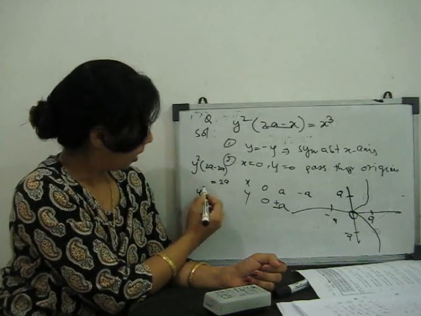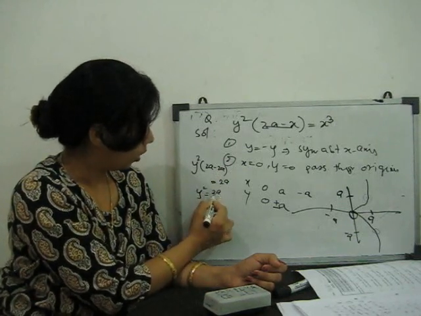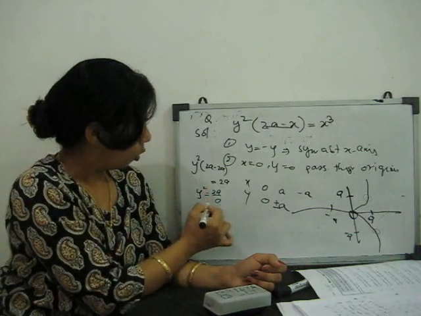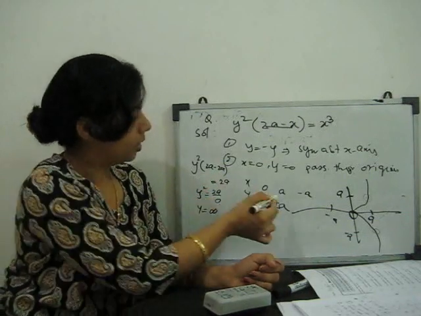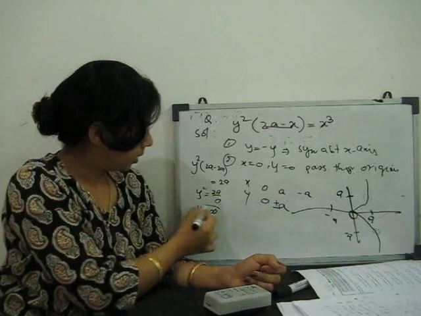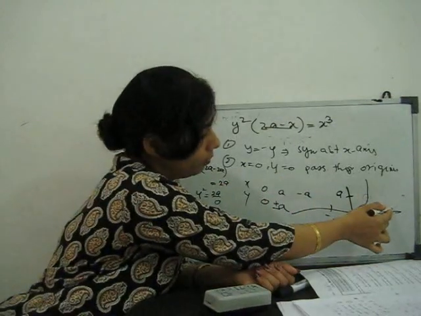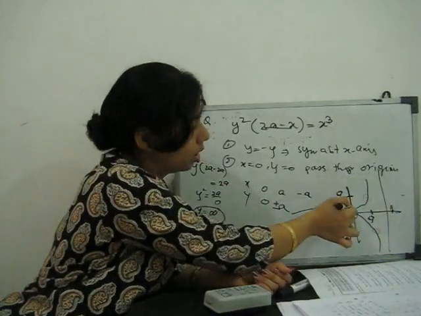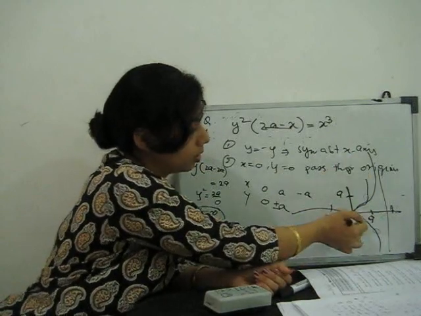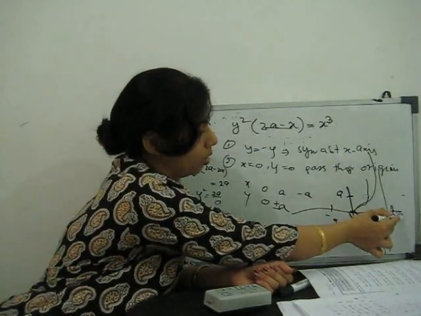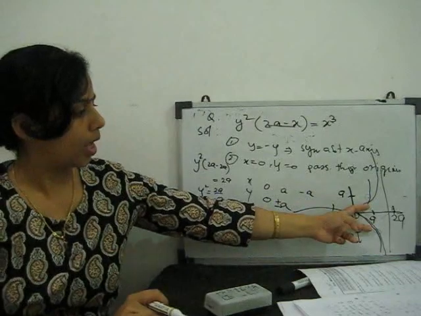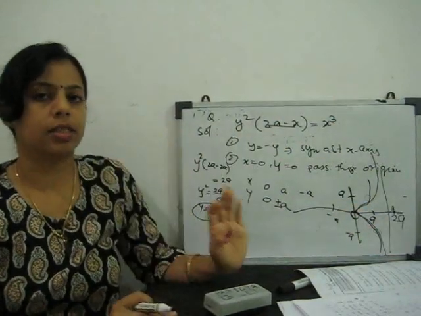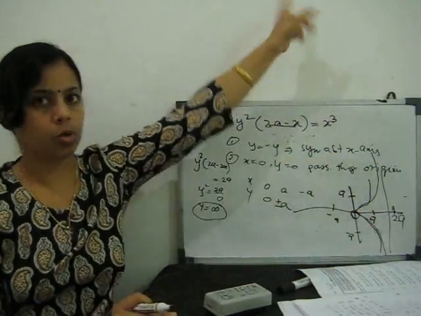It means y square is equal to 2a by 0. It means y is equal to infinity. So at 2a, it has an asymptote. So this curve goes like this at 2a. So this is symmetric about the x-axis and 2a is its asymptote. So it will never come, so it goes like this.